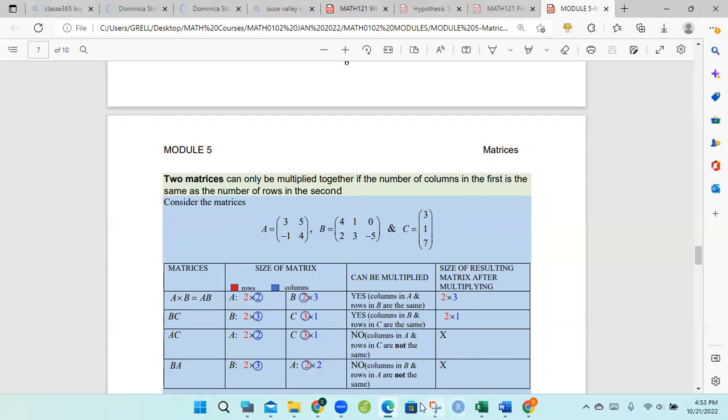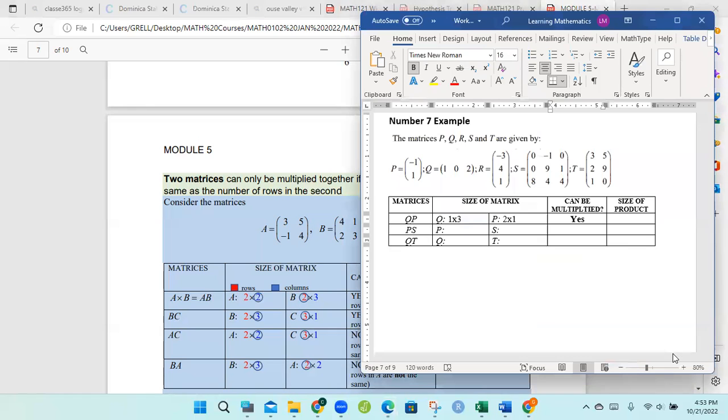So just like in our example, QP. No, it's not PQ, it's QP. The 2 innermost numbers are not equal, so it is not possible.